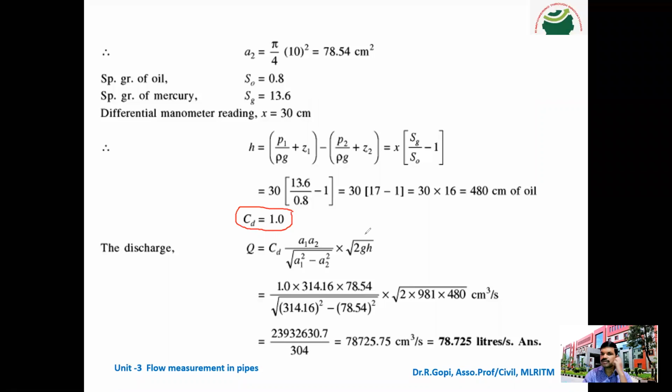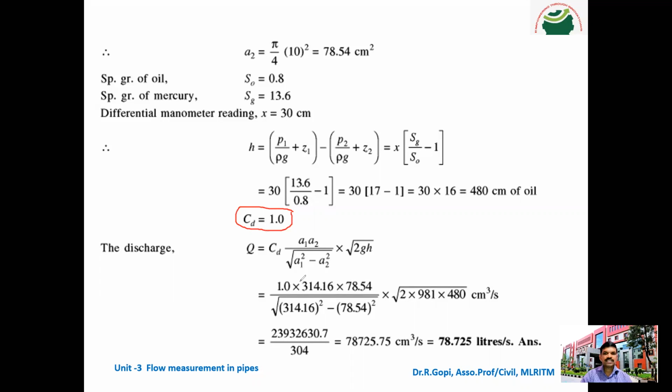You can assume between 0.95 to 1 because the Venturi meter has a high coefficient of discharge compared to the Orificemeter. We will see Orificemeter later. So the CD value for the corresponding Venturi meter I assume is 1. You can assume 0.98 or 0.99 also, whatever. Because in the question the CD value is not given. If they give it, you have to substitute that corresponding value only.